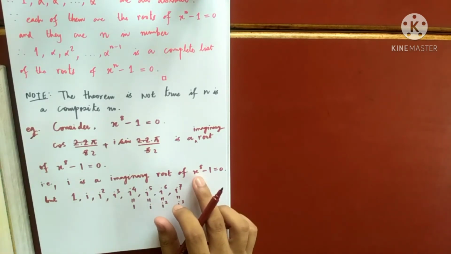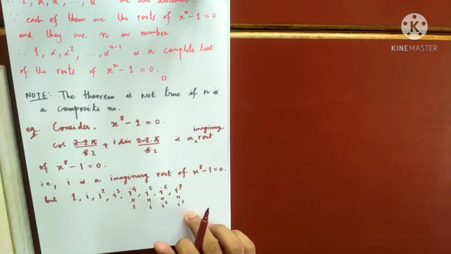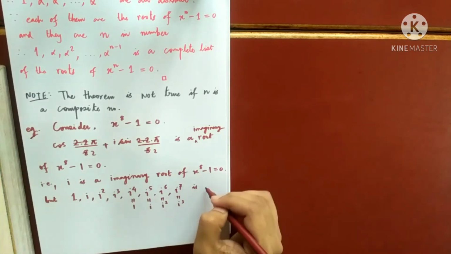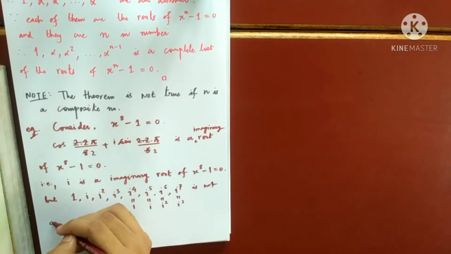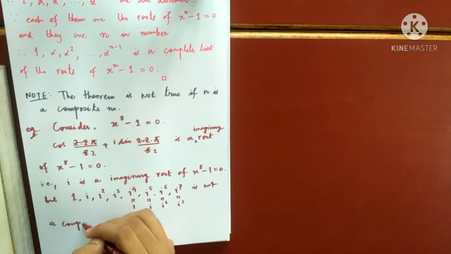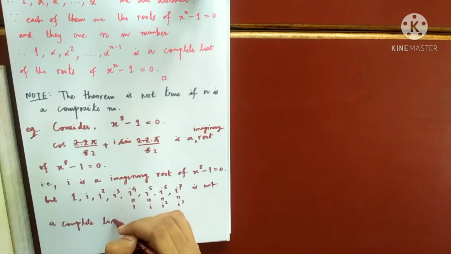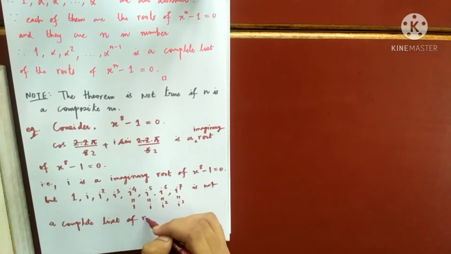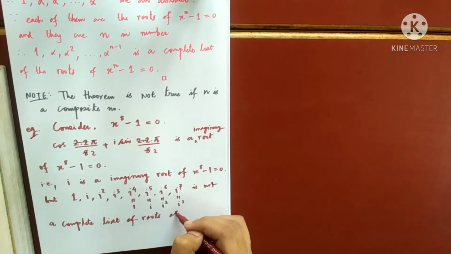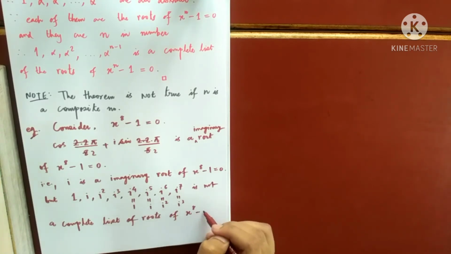So this is not a complete list of roots of x to the power 8 minus 1 equals 0.